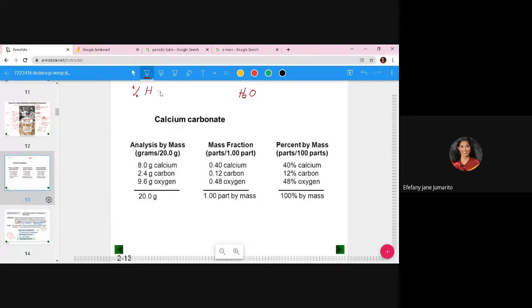Percent hydrogen is equal to, and percent oxygen is equal to. First is the atomic weight of hydrogen, 1.01 grams, divided by the total.